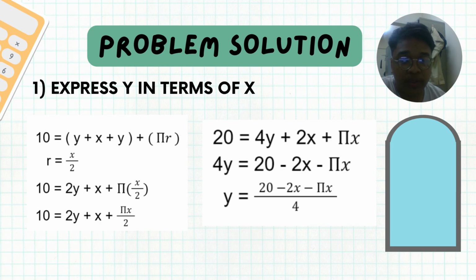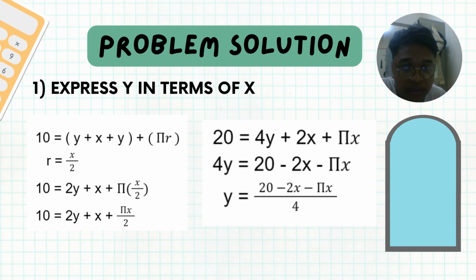So we substitute r with x over 2. So 10 equals 2y plus x plus pi times x over 2. So we got 10 equals 2y plus x plus pi x over 2.